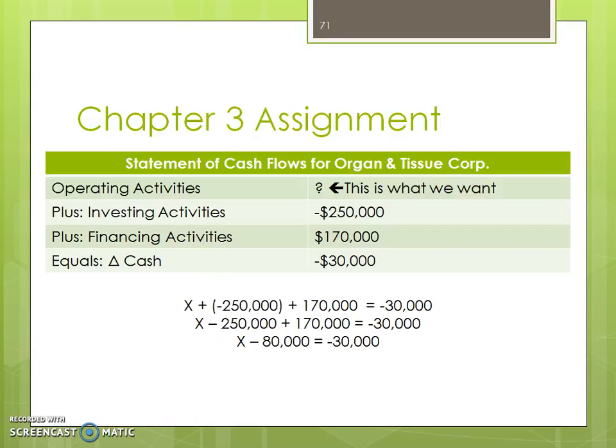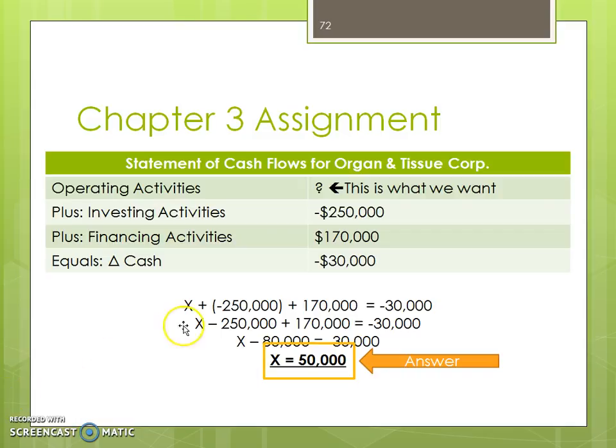Then what we'll want to do is add what we can. In this case, we're going to take the negative 250,000 and add positive 170,000 to it. So we're left with negative 80,000. Then to isolate X, we simply add 80,000 to each side. And sure enough, we're left with operating activities in the amount of $50,000.